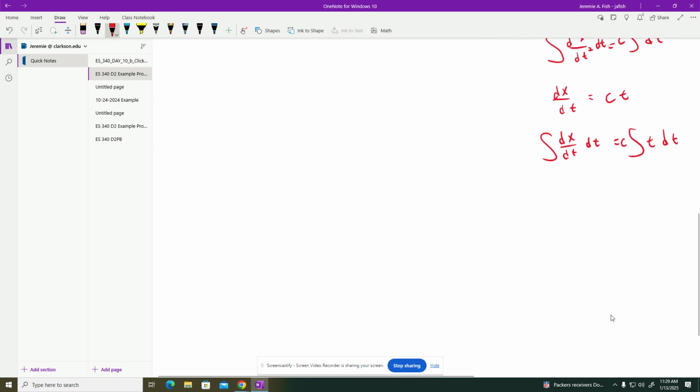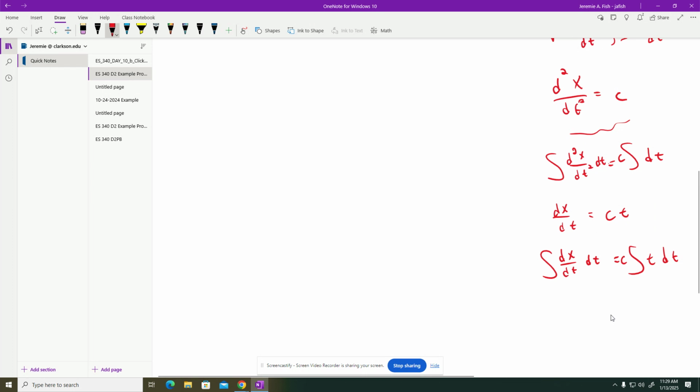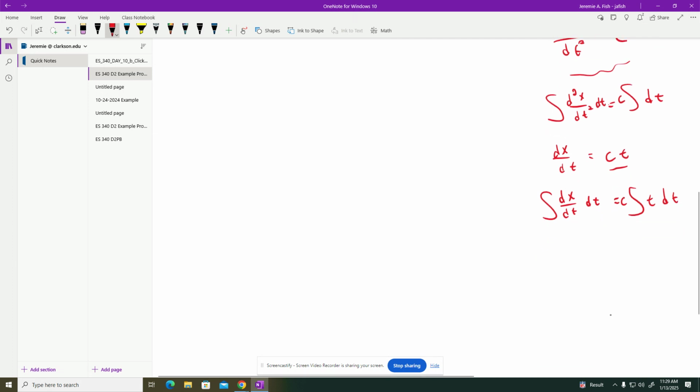This is a way that we can derive these kinematic equations, right? There's no velocity, by the way. Dx dt, the velocity, is only going to come from that acceleration. There was no initial velocity that I had to add in, right? So because there was no initial velocity, this is going to work out perfectly fine.